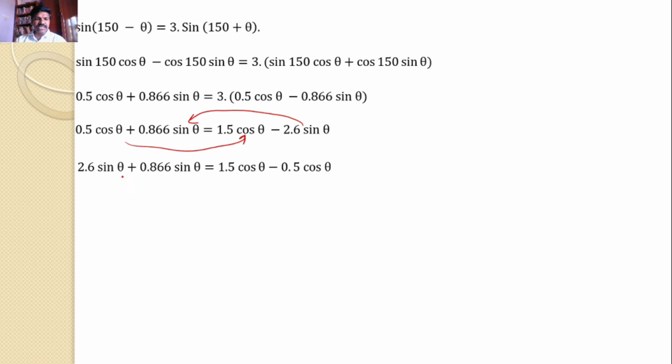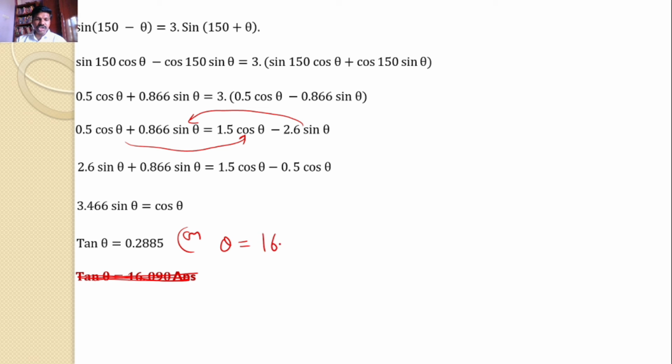So the 2.6 sin theta plus 0.866 sin theta is equal to 1.5 cos theta minus 0.5 cos theta. So this becomes 3.466 sin theta is equal to cos theta, or I can say tan theta is equal to 1 by 3.466, that is 0.2885, or theta is equal to 16.09 degrees. That is the answer.